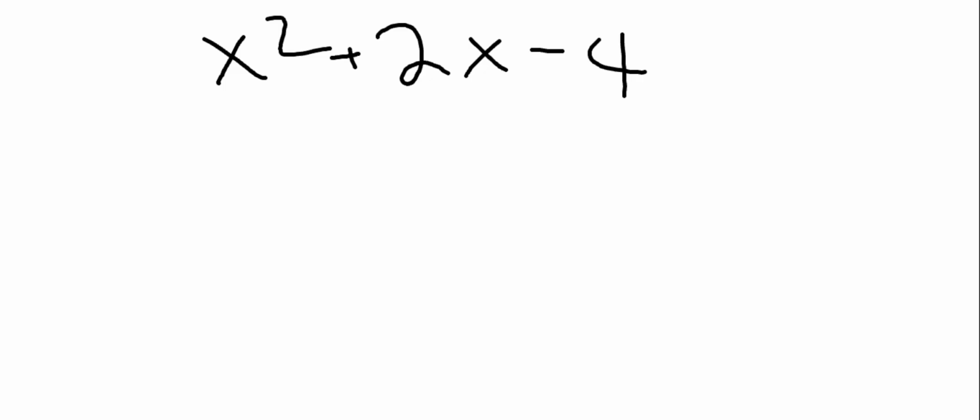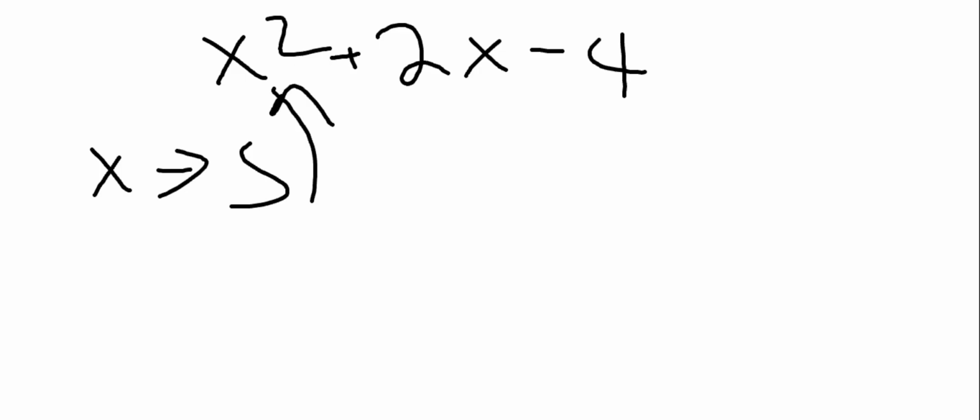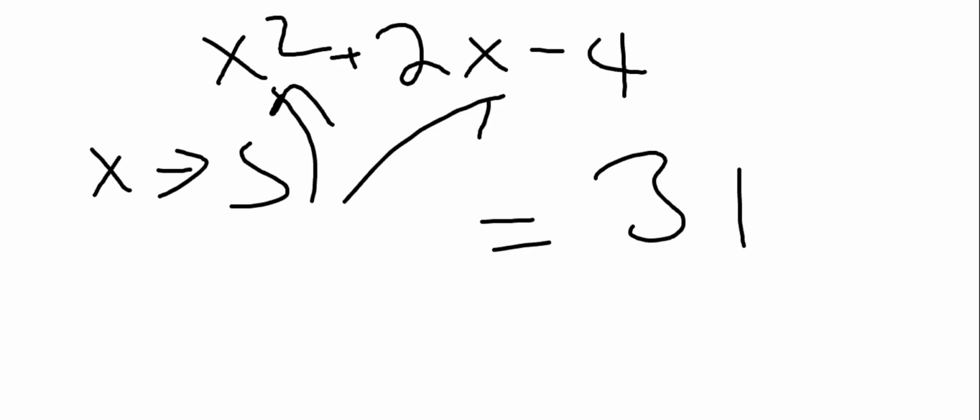So we also have another question: x squared plus 2x minus 4 as x approaches 5. When we replace directly here, we find that we are getting 31.